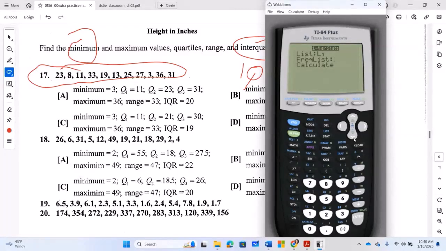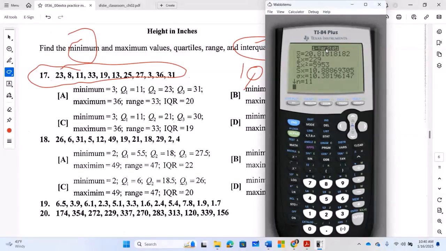So I will leave frequency vacant. I will not put anything there. Okay, it's asking me, do I calculate? Sure, calculate. When I hit enter, it just gave me the mean, but I don't need the mean. The question is not asking me about the mean this time. Numbers 1 and 2 ask me about the mean, so I give the mean. This time it's not asking me about the mean. So I'm just going to skip.